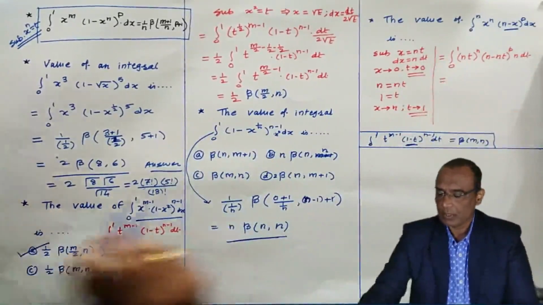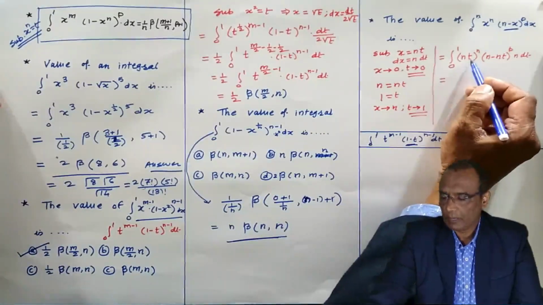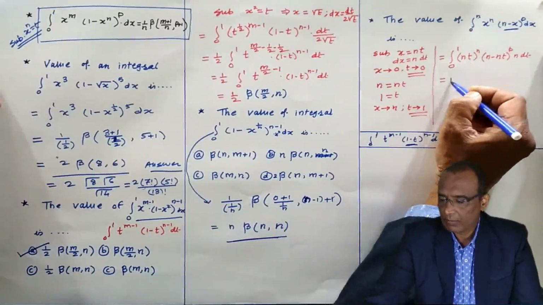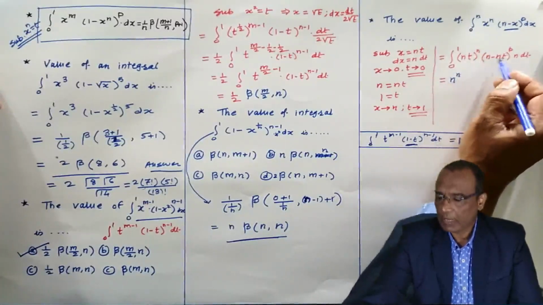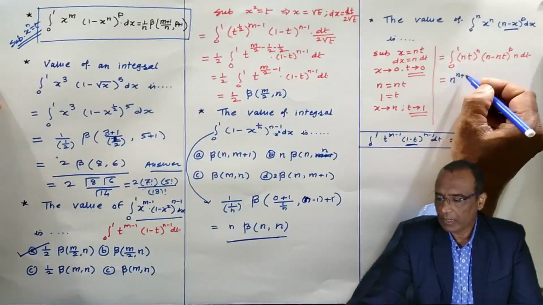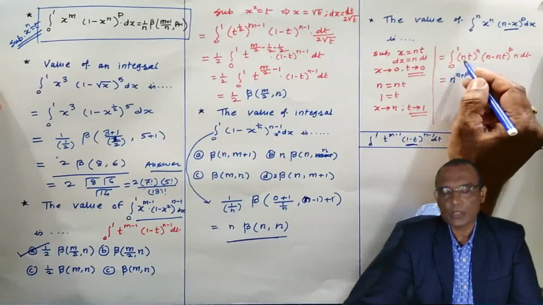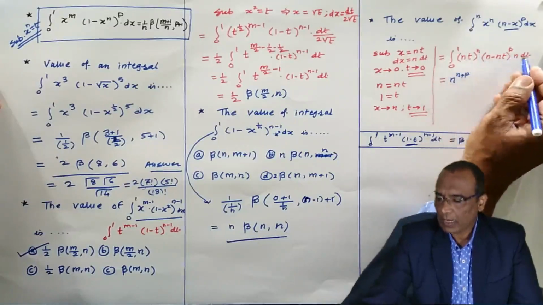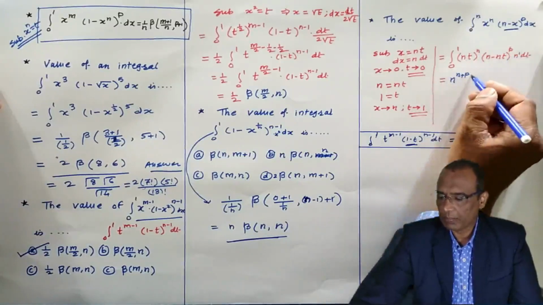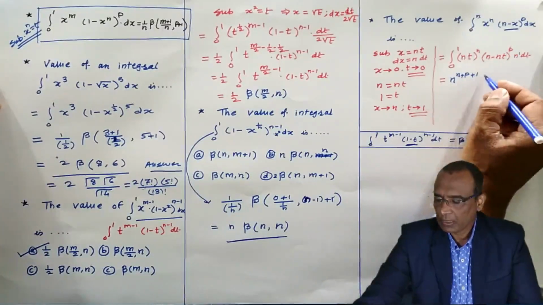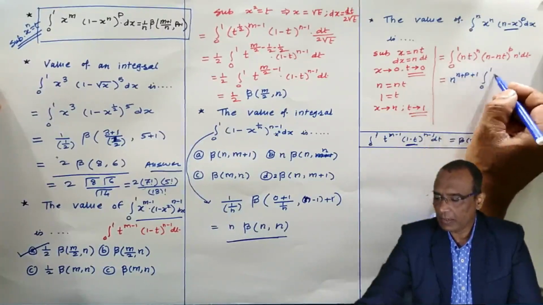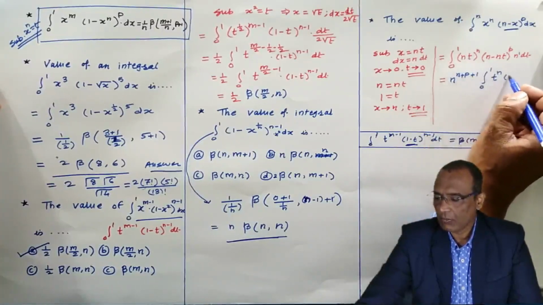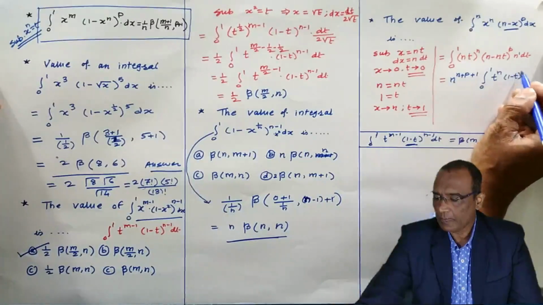In the next step, see, t is variable. n power n, writing outside of integral, and take n common, n power p, writing directly here, n raised to n into n raised to p, and n raised to 1 plus 1 I am writing. The remaining terms of integral I am writing, t power n and 1 minus t power p.